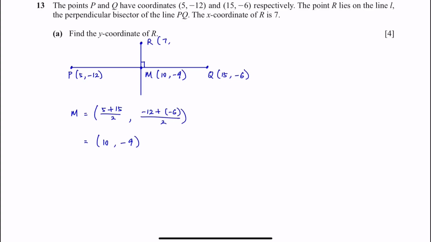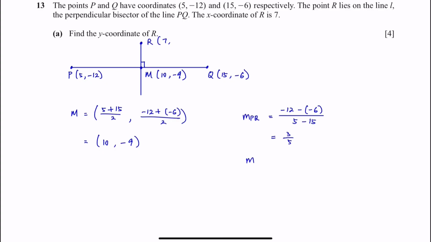So now we can find the gradient of this line over here. So the gradient of the line PQ would be (-12 minus -6) over (5 minus 15), which is 3 over 5.